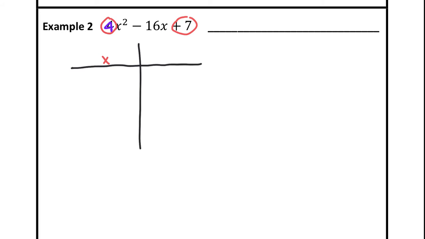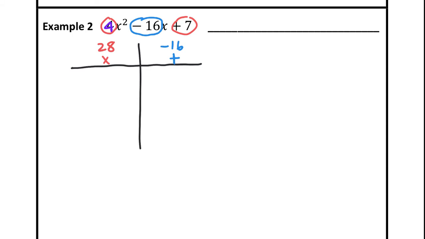So 4 times 7 is 28, but let me color it in red. 4 times 7 is 28. And then the number in the middle is negative 16, so we're looking to add to get 16.